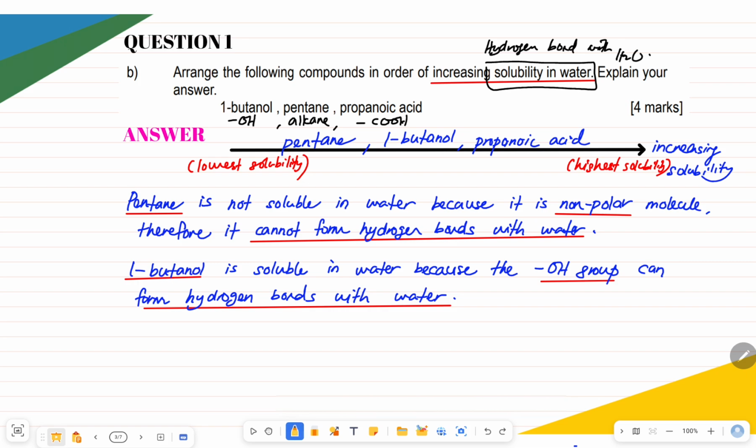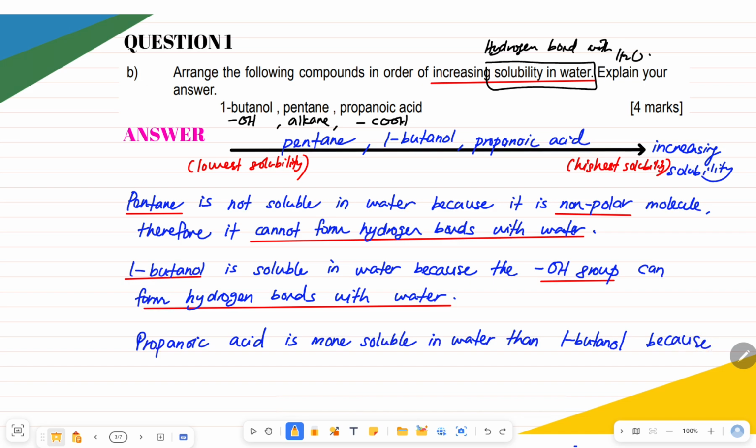Okay, lastly, how about your COOH? So next, propanoic acid is more soluble. Both carboxylic acid and alcohol are soluble, but carboxylic acid is more soluble in water than 1-butanol. The reason why?